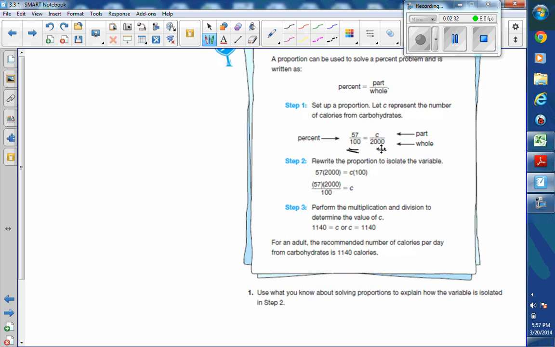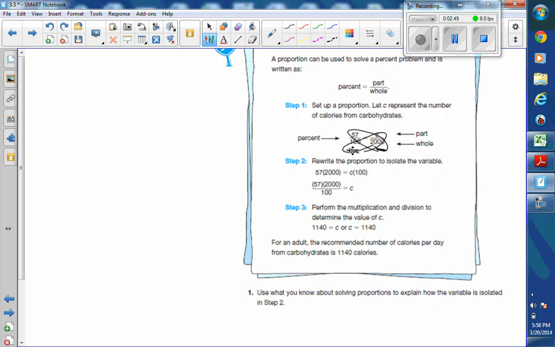Step 2, rewrite the proportion to isolate the variable. So you're going to do your cross multiplying, and you multiply your 57 times 2,000, and then your 100 times your C, and then you isolate that variable by dividing by 100.